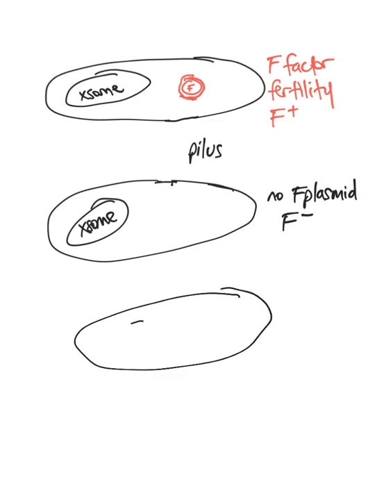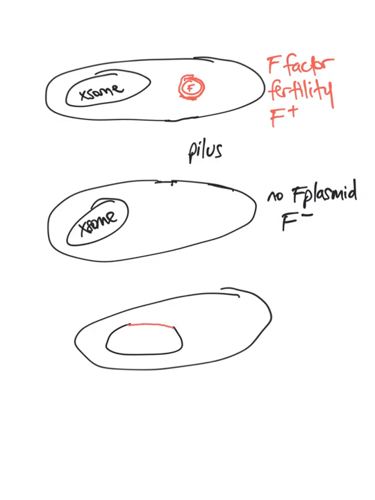And it has a chromosome. Actually, let's make that chromosome a little bit bigger than that because this is the important part of this cell here. We're going to have a chromosome here, and on that chromosome, we are going to have the F factor incorporated into the chromosome.